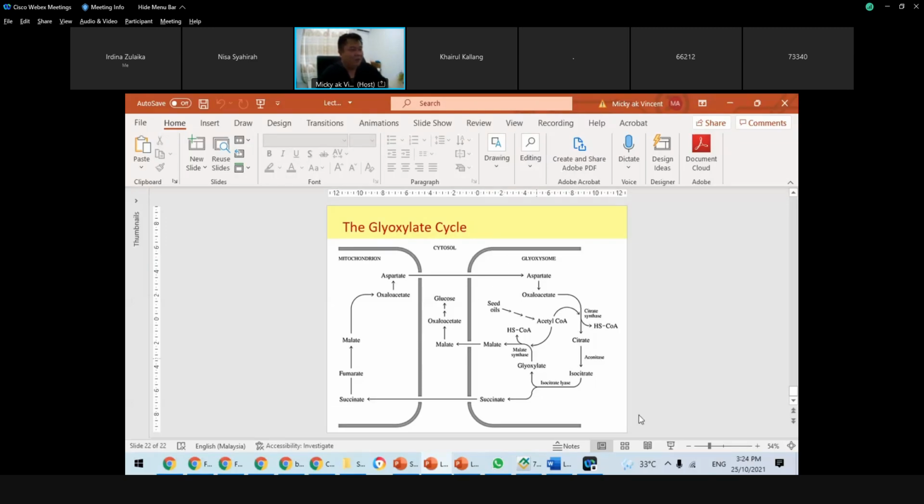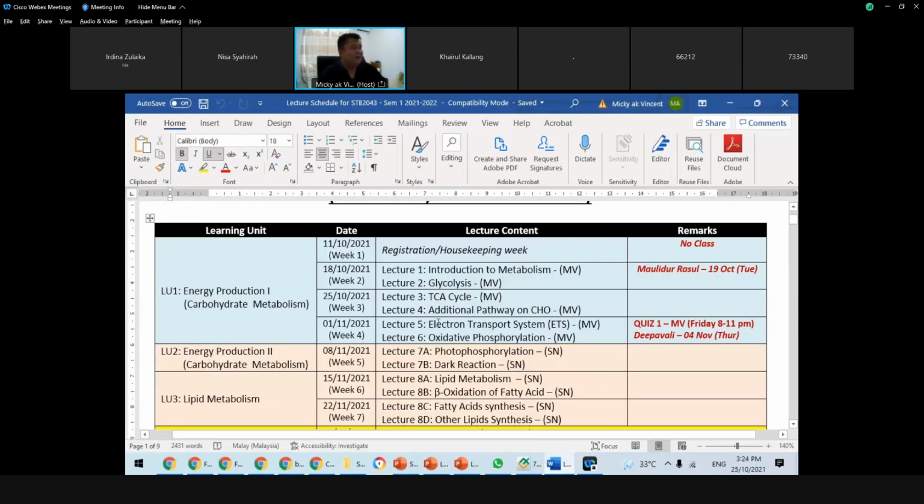So what we covered today is the TCA cycle. The TCA cycle starts with pyruvate from outside the mitochondria. Then it's transported into the mitochondrial matrix, where it undergoes a process by the PDC. The PDC will convert the 3 carbon pyruvate into 2 carbon acetyl-CoA.